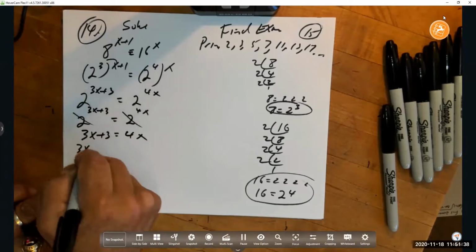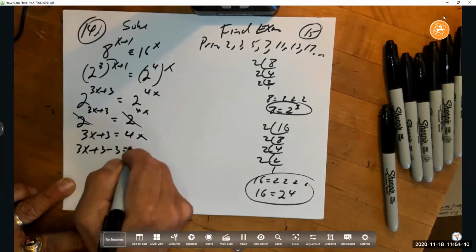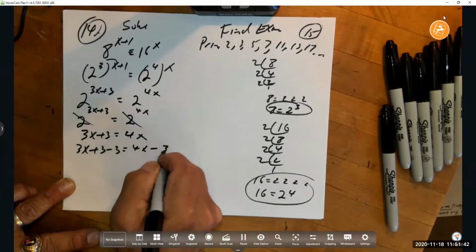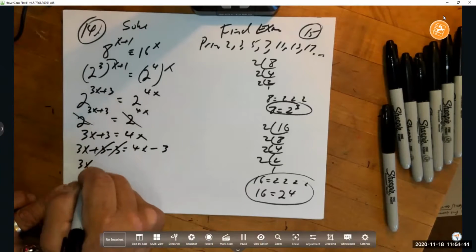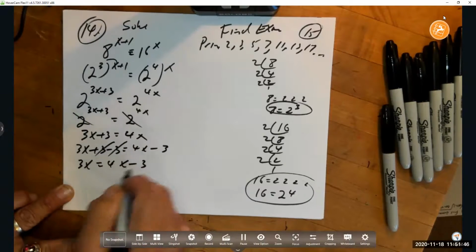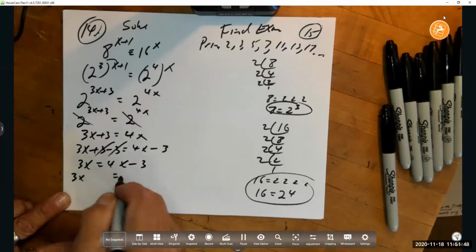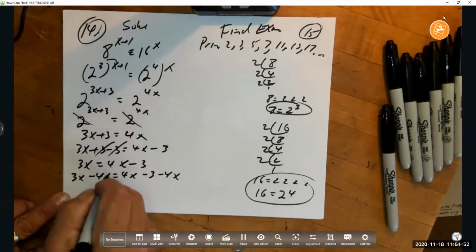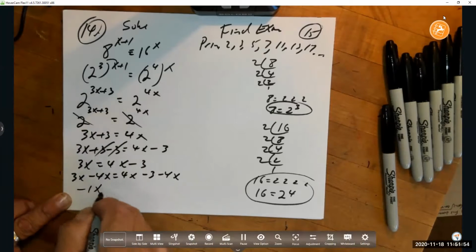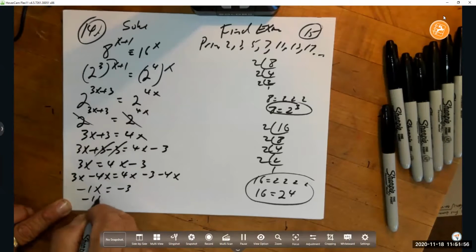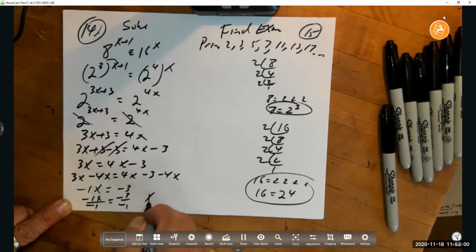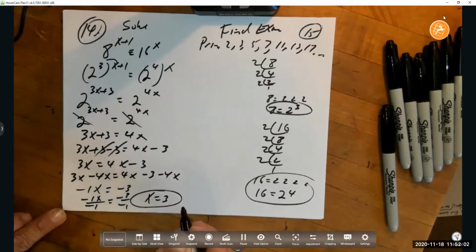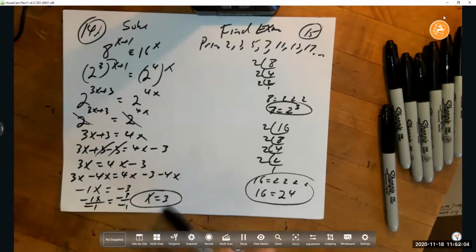Minus 3, and minus 3, these are gone. 3x is 4x minus 3. So minus 4x, minus 1x equals minus 3. Divided by negative 1, divided by negative 1, so x is 3. That's it. Got it.